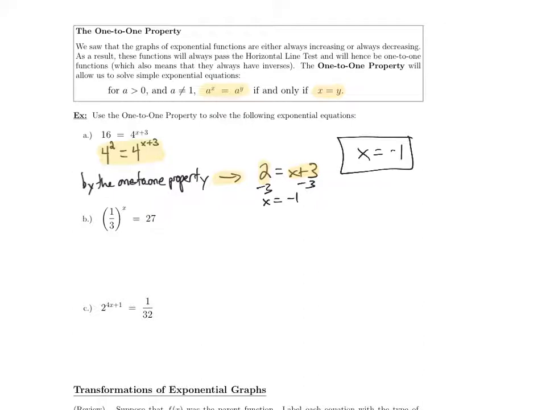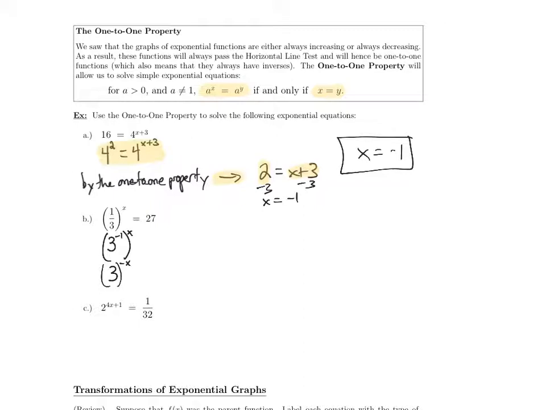Now this only holds when a is greater than 0 and a is not equal to 1, which is true for both parts b and c. So let's look at a couple more examples. In this case, rather than trying to get 27 written as 1/3 to a power, it would be easier to rewrite this as 3 to the -1 to the x, and then rewrite that as 3 to the -x.